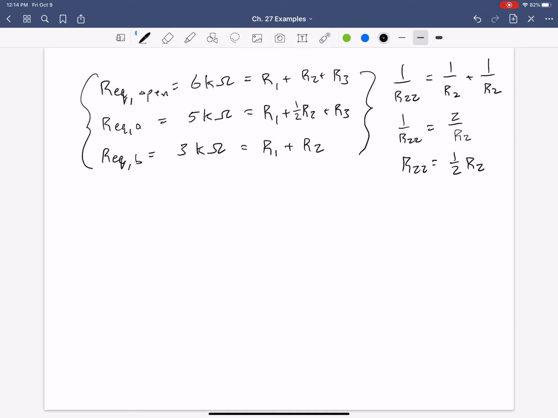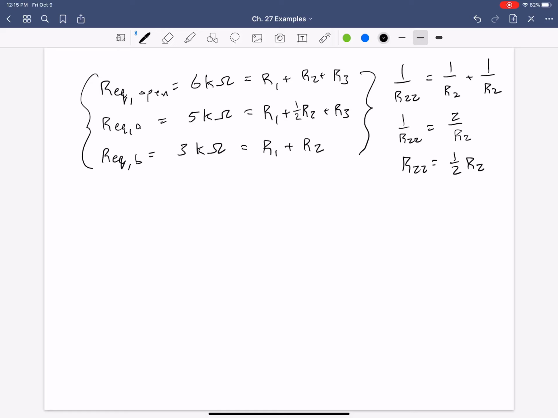Let me trim down the 6, 5, and 3 to ignore the units and just have the numbers. That may be a little bit easier. You could plug this into Wolfram Alpha or Mathematica if you wanted to, but it's not that difficult to do it by hand.